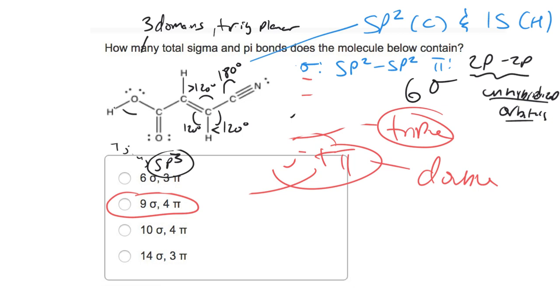Like for example, here's sp3 tetrahedral. This should be close to 109.5 degrees. But then because the lone pairs are closer to the oxygen, they repel each other more, so this is probably a little less than 109.5. Like for example, we saw the water bond angle, which would be 109.5 if it were perfect tetrahedral, is like 104.